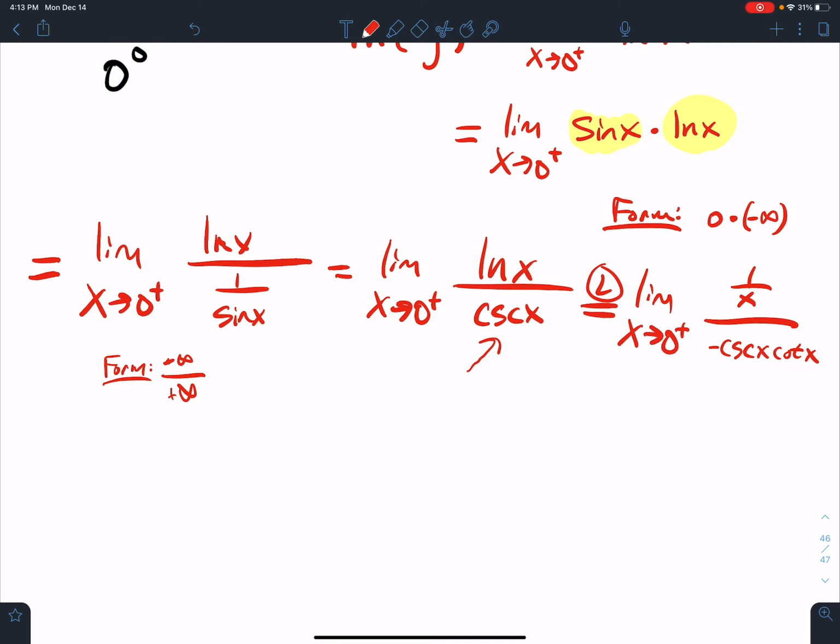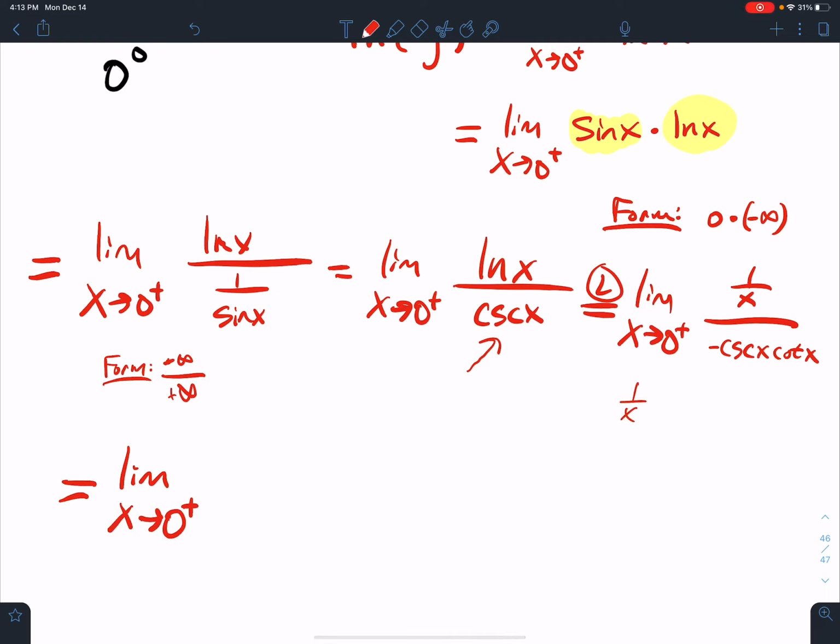Okay. I'm going to use some algebra to simplify this, make my life a little bit better, because instead of working with cosecants and cotangents, I want to work with sines and tangents. So I'm going to flip this around. Limit as x goes to 0 from the right, and I'm going to use algebra to flip this around.